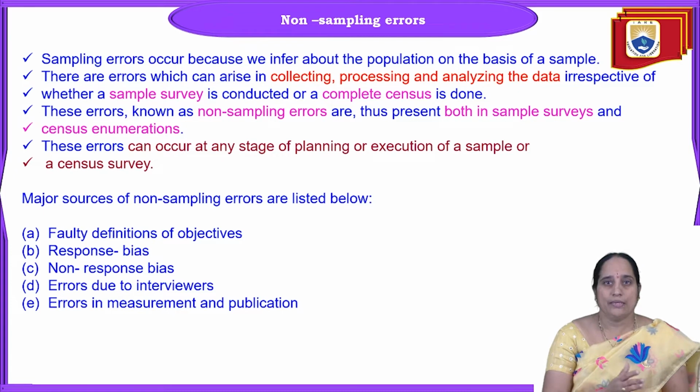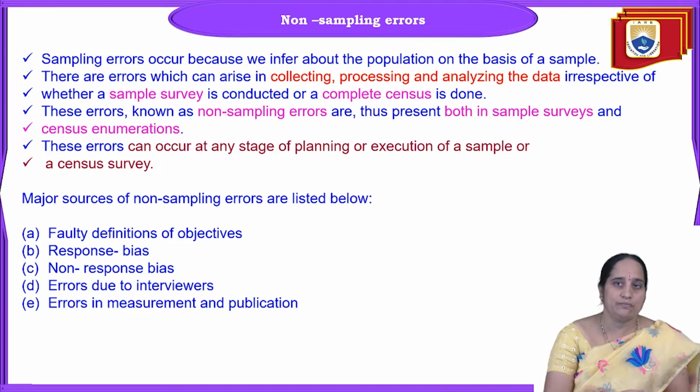These errors can occur at any stage of planning or execution of a sample or a census survey. As we said at the beginning, they may occur in data collection, data processing and data analysis. Whatever the stage of planning and execution, whether it is a sample survey or a complete enumeration, there may be chances of non-sampling errors.